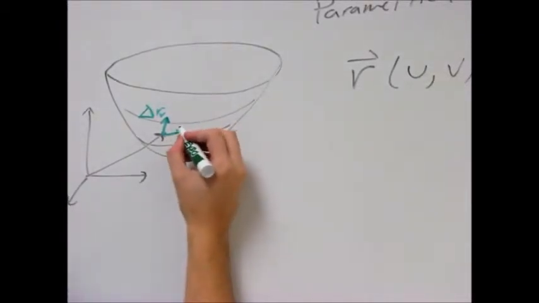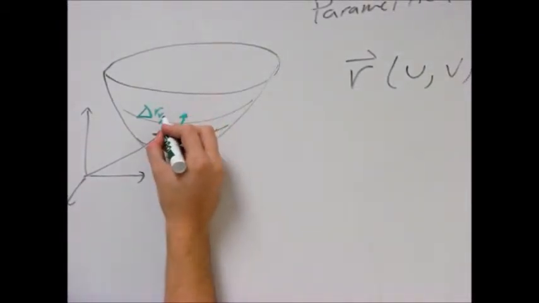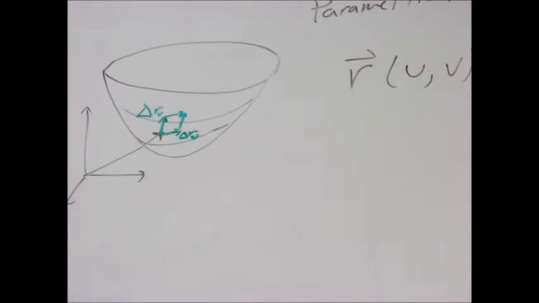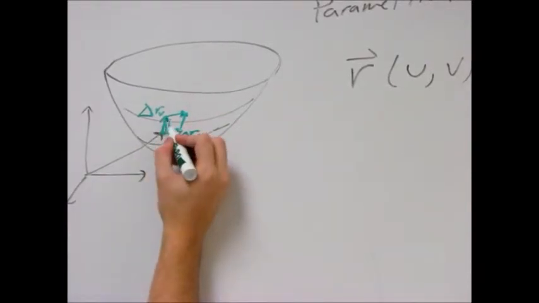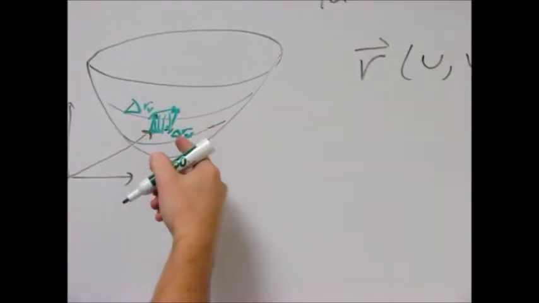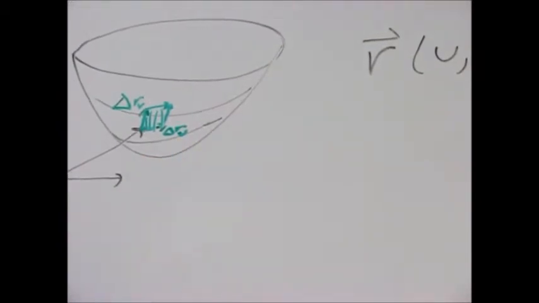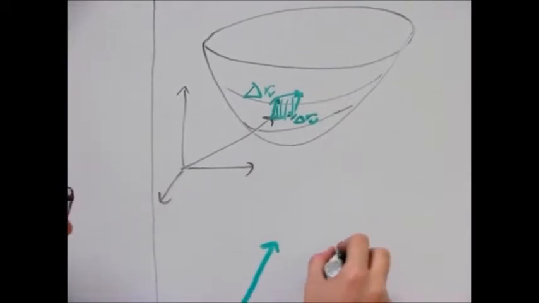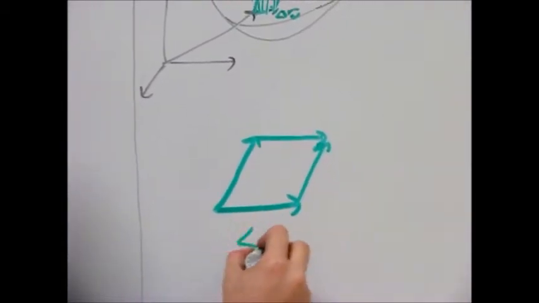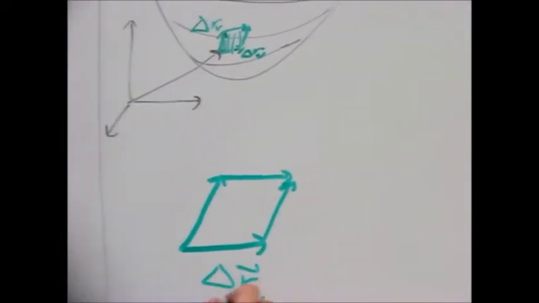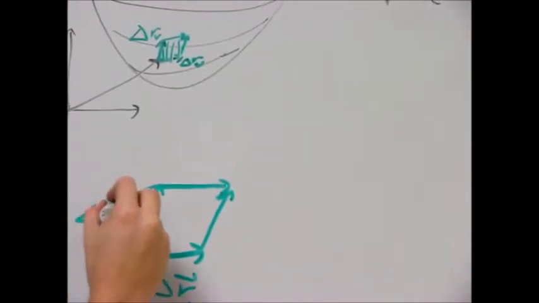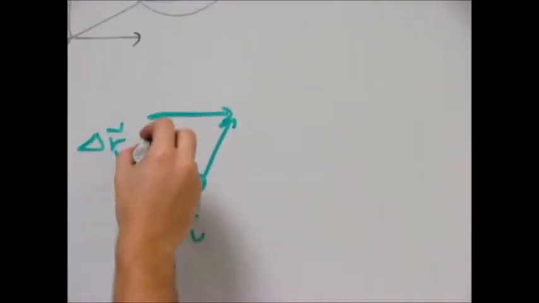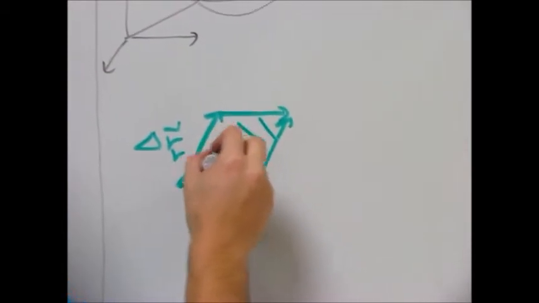And basically, we see this sort of creates a parallelogram, and I'll redraw it bigger. This is delta r u, delta r v, and the area here is delta S.